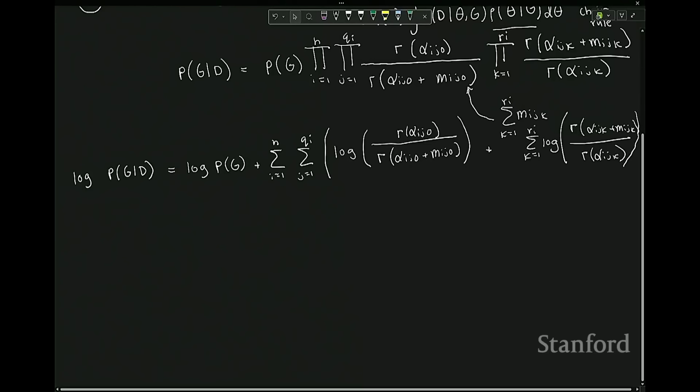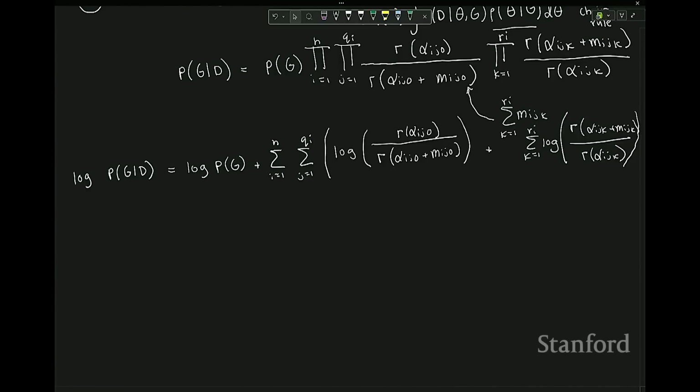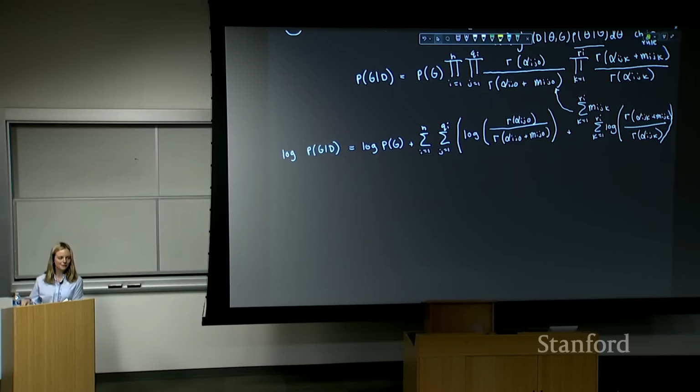A couple more notes on this as it applies to your project. So often we have no idea what graph structure is best. So in that case, we can have P of G drop out and we don't worry about it. Sometimes there are cases when we know a particular edge has to be in the graph or can never be in the graph.